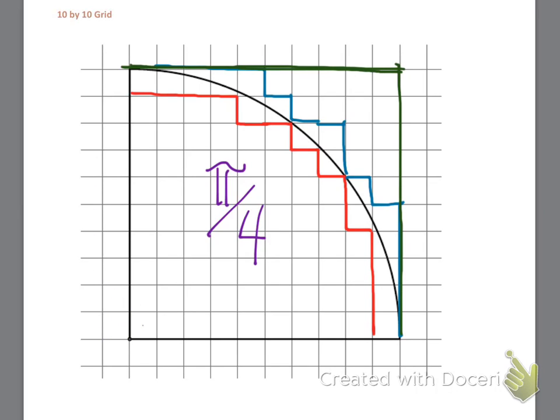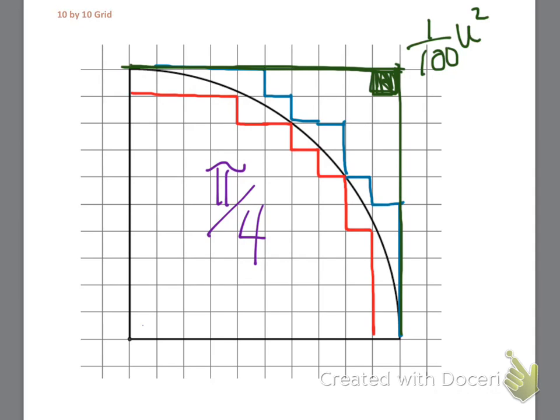So each of these little squares would have an area of 1/100th of a square unit, because I have 10 by 10, so that's 100 altogether. So that's 1/100th, and these are units squared. All right, so is that clear?